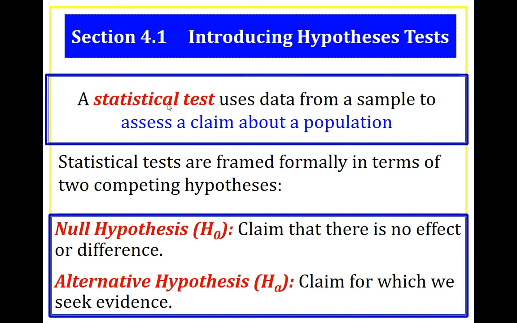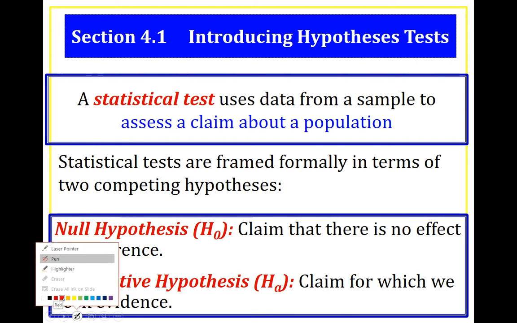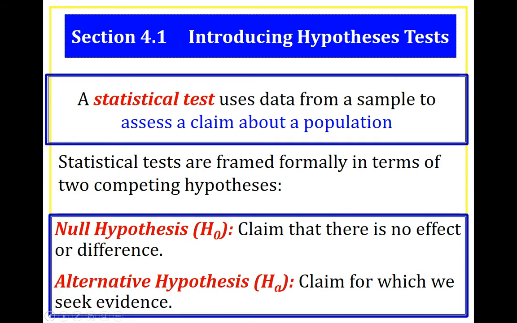And a statistical test is always framed in terms of the hypotheses. We never talk about the framing of the experiment or the results of the experiment in a matter of anything but the population.